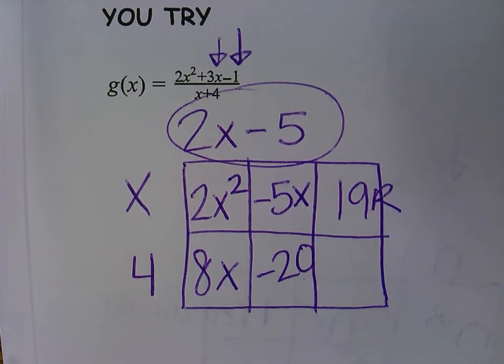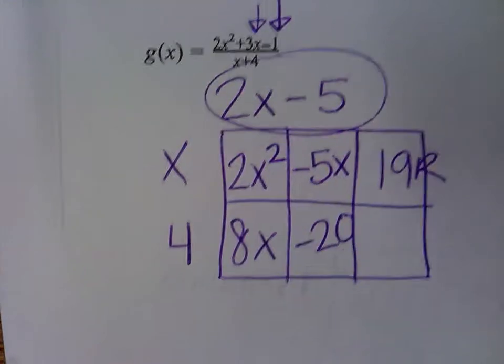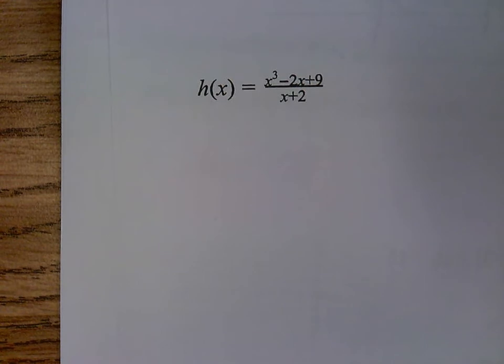What's different about example h of x down below? There's something different about it. Now I'm taking a cubic function and I'm dividing by a linear function. If I just think about taking x cubed and dividing by x, what type of function should I end up with? A quadratic answer.